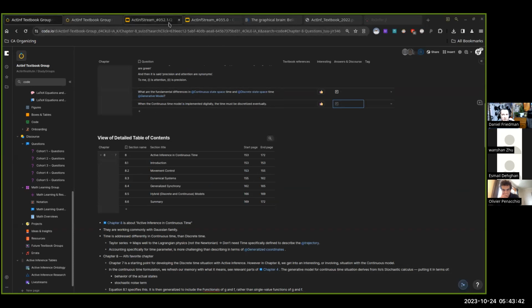Again, I think this returns to the code question. Do we just swap out continuous time? If we have a model with a given state space, how hard is it to go from a continuous to a discrete time implementation?